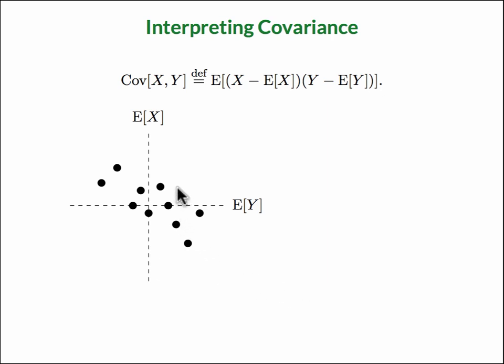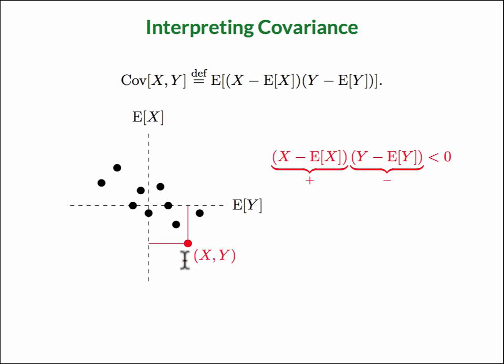Suppose X and Y take on the 10 outcomes shown here. Now most of the points are in the top left and bottom right quadrants. For a point in this bottom right quadrant, X is above the mean, but Y is below the mean, and a positive times a negative is negative, so these outcomes will contribute negative values to the covariance.